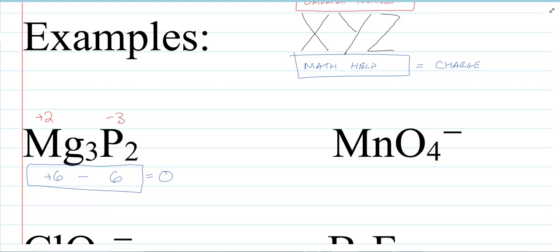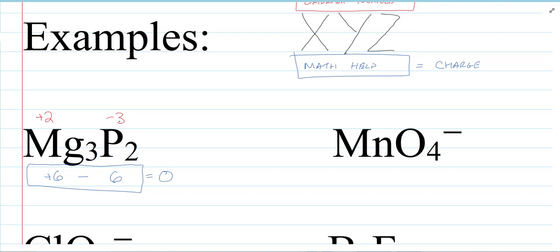This is something we should know from naming binary ionic compounds and the anions don't change. We're just putting it into a different perspective with the oxidation states. The charges and the oxidation states for this binary ionic compound are the same.